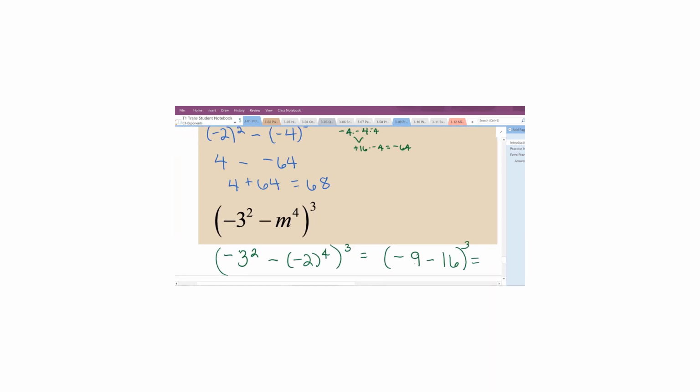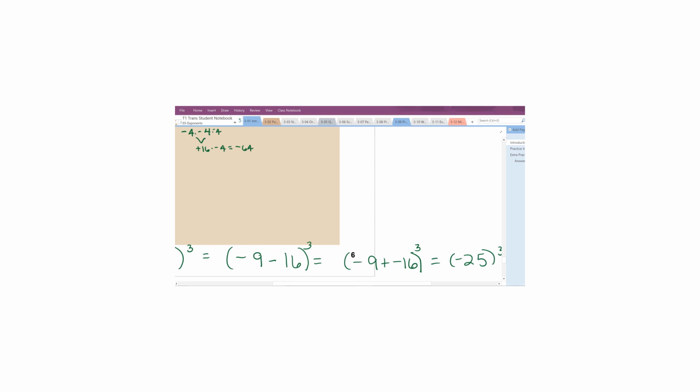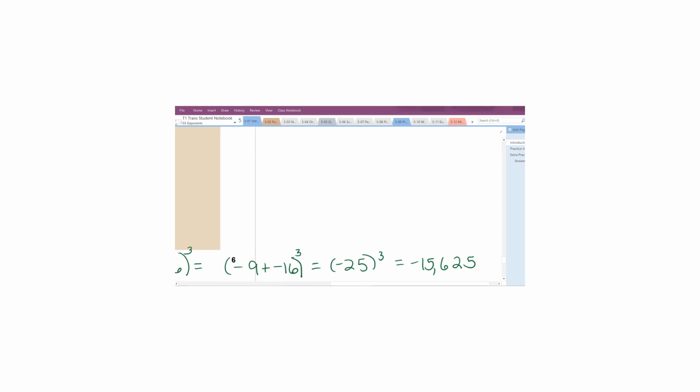So now I end up with negative 9 for negative 3 squared, minus negative 2 to the 4th, which is positive 16. So now I'm going to change this to addition. Negative 9 plus negative 16. All that's in parentheses raised to the 3rd power, but we need to simplify our parentheses before applying the exponent. So we end up with negative 25 cubed, which is negative 15,625.